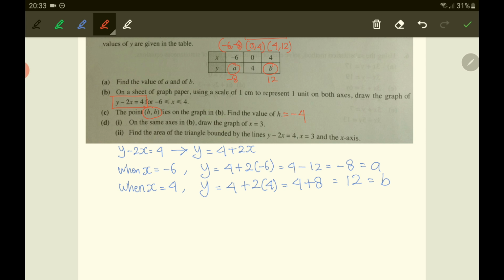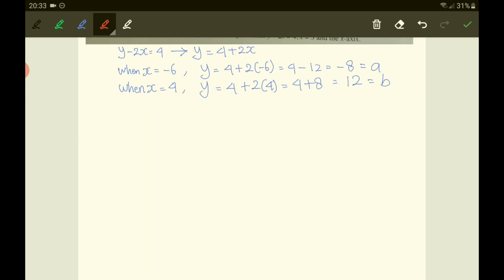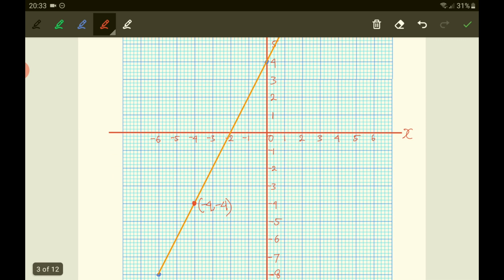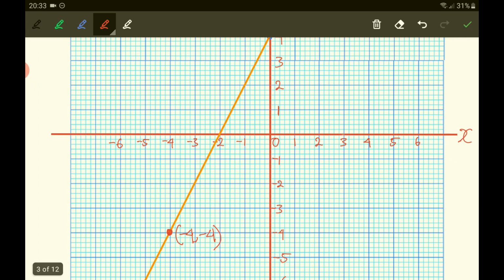And now the D part. On the same axis in B, draw the graph x equal to 3. So I'm going to draw a line x equal to 3. Focus on the x, here x equal to 3.